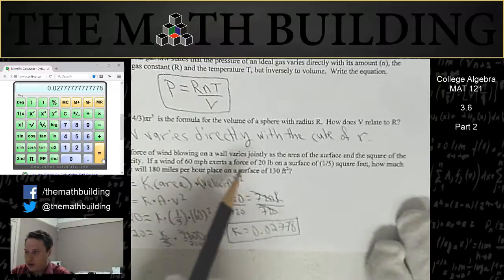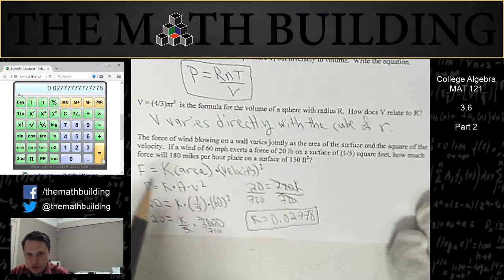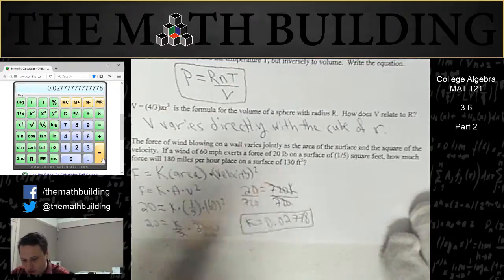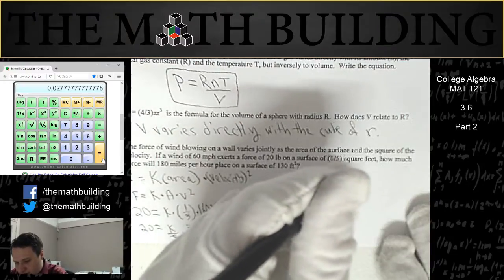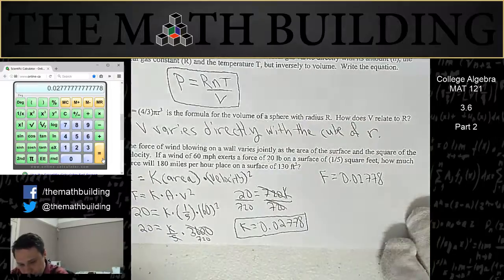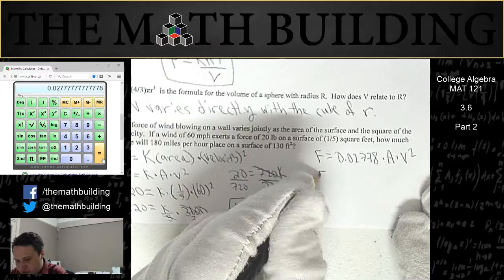So now I want to know, to wrap this up, how much force will 180 mile per hour wind place on a surface of 130? So again, we updated our equation, which is now F equals 0.02778 times the area times the velocity squared. So let's figure out this new force.